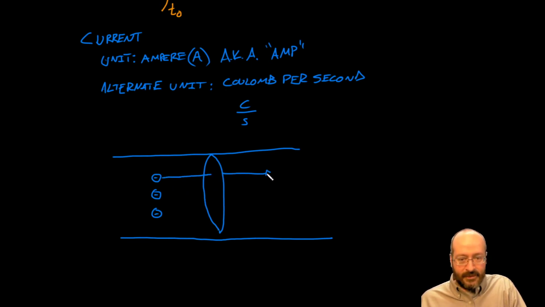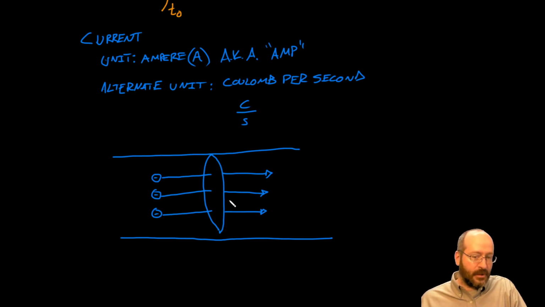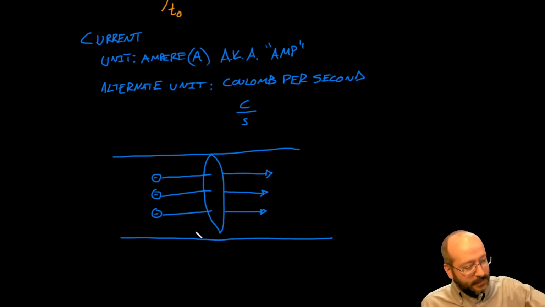That's how fancy I'll get for drawing. Get a little bit of perspective in there. So if 1 Coulomb passes through this cross section of wire in 1 second, then that's 1 ampere, or 1 amp. So that's current. It's the measure of charge flowing through something. And that's our flow rate.